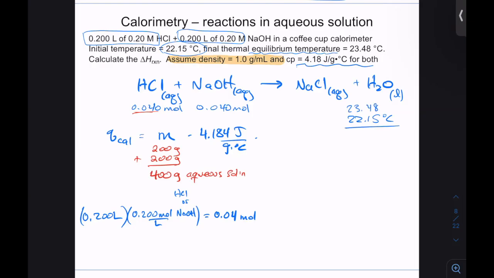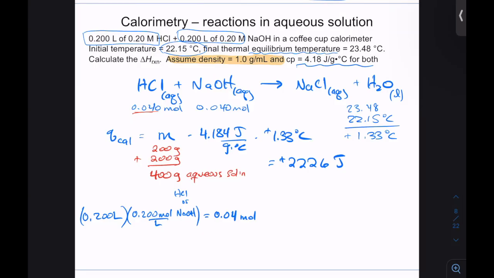This didn't go up by much. Looks like it went up by positive 1.33 degrees Celsius. Okay, and that's the calculation, but that's Q for the calorimeter. Positive 2226 joules. That's thermal energy that was absorbed by the calorimeter because the water temperature increased.